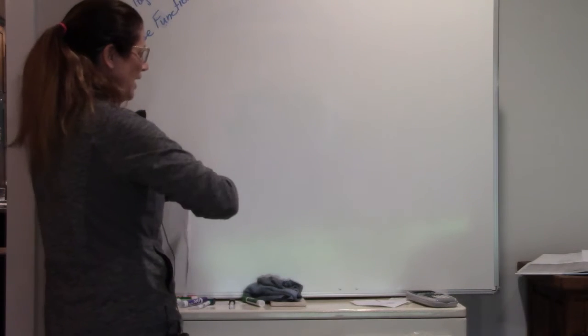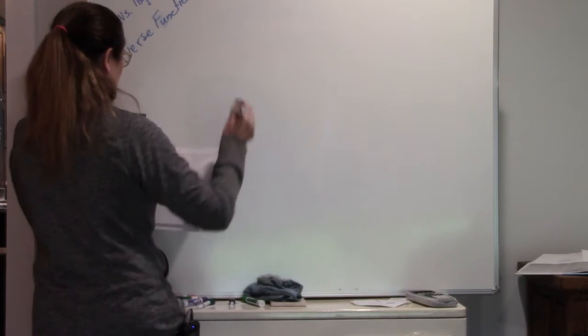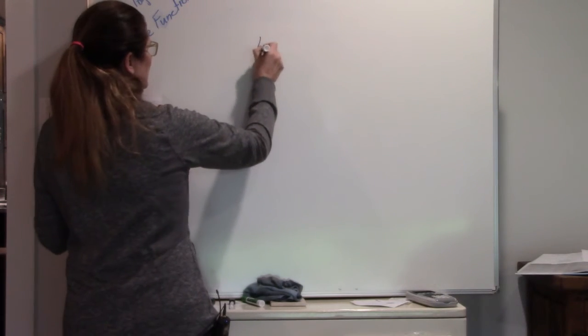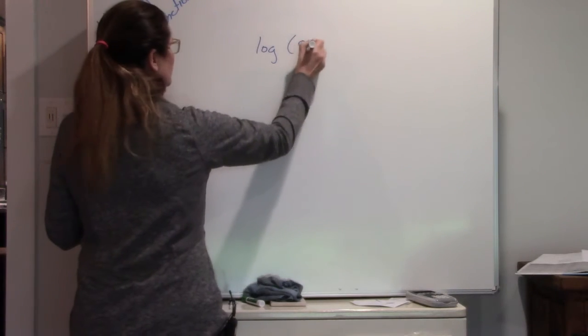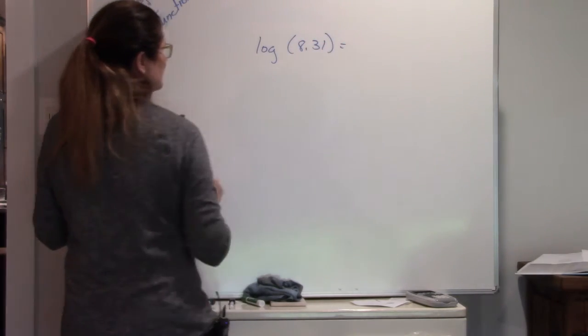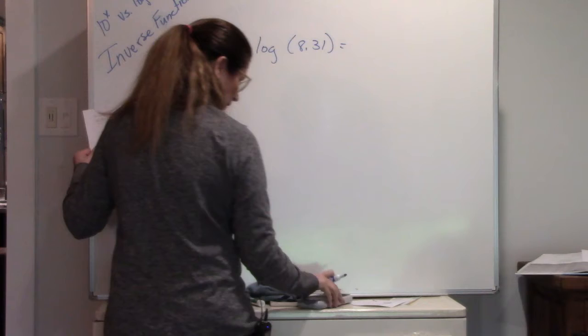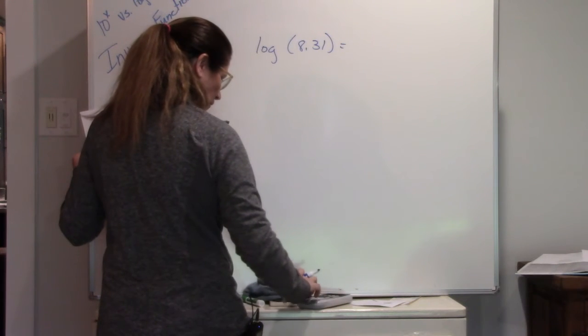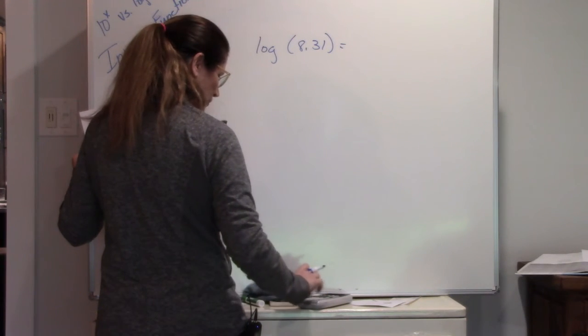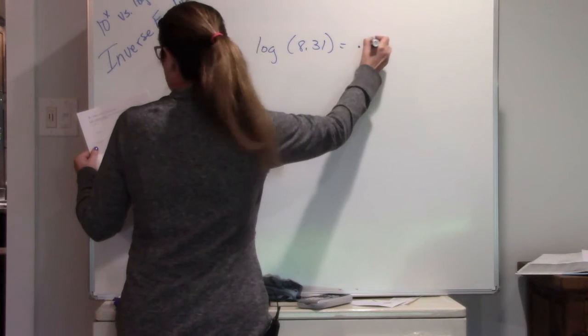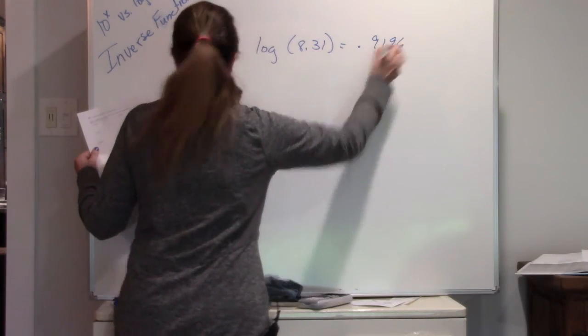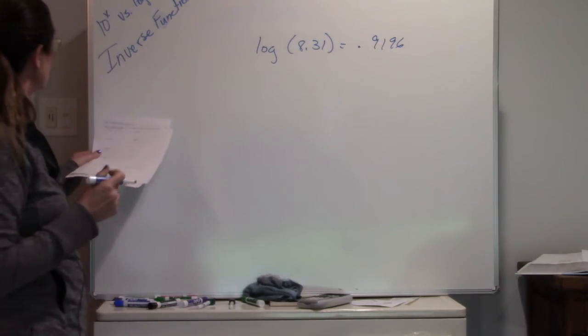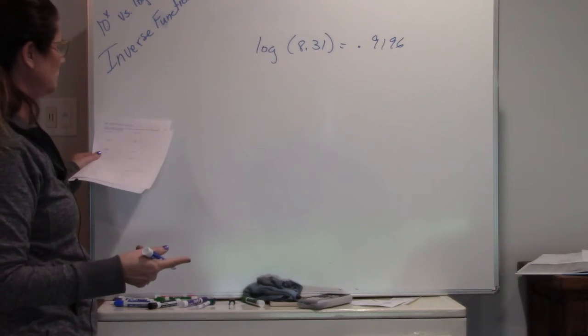So if you had the question, like number 4 on page 106, log of 8.31, all you're going to do is plug in log 8.31, and it's going to be about 0.9196. And remember, the instructions say round to 3 decimal places.